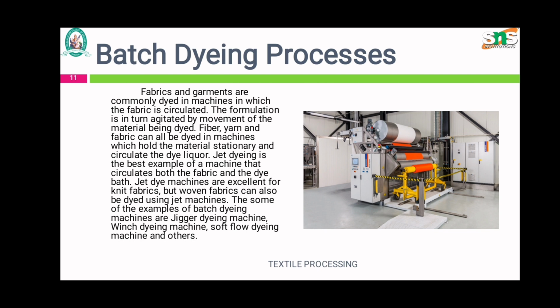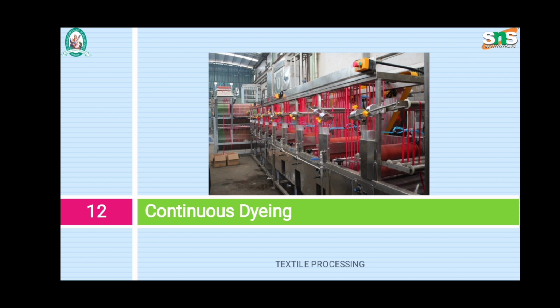Jet dyeing machines are excellent for weak fabrics, but foreign fabrics can also be dyed using the jet machines. Some examples of batch dyeing machines are jigger dyeing machines, winch dyeing machines, soft flow dyeing machines and others.